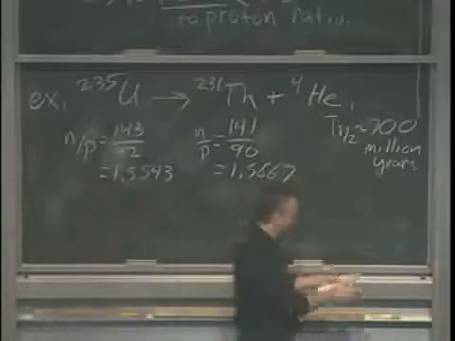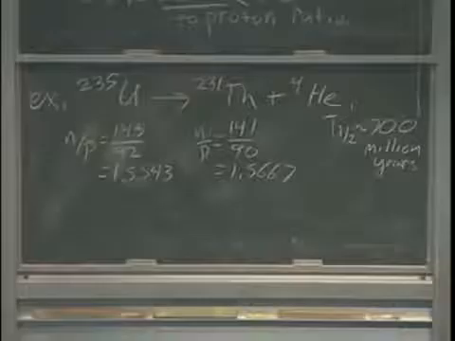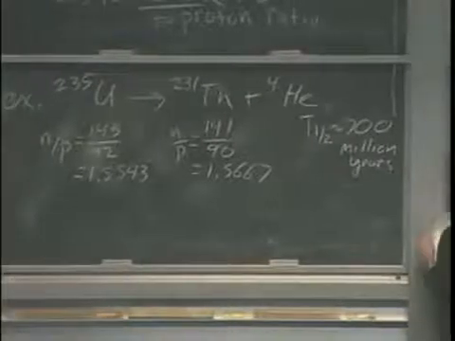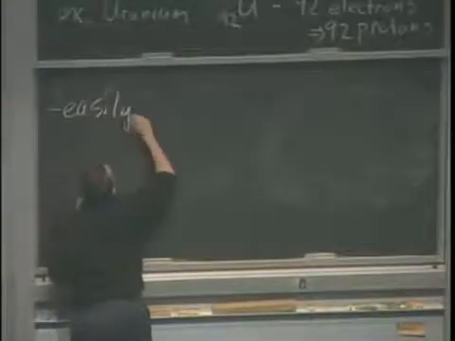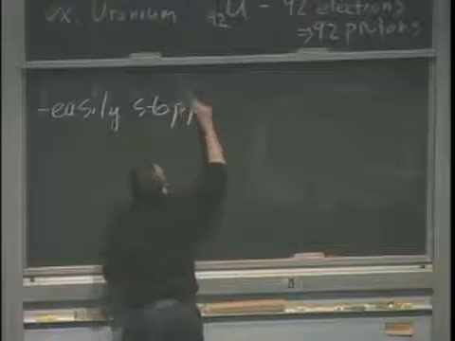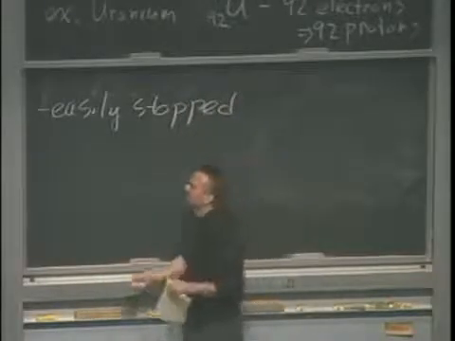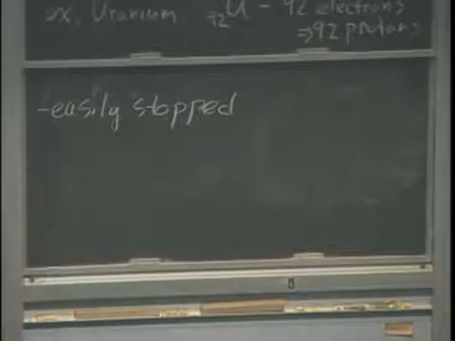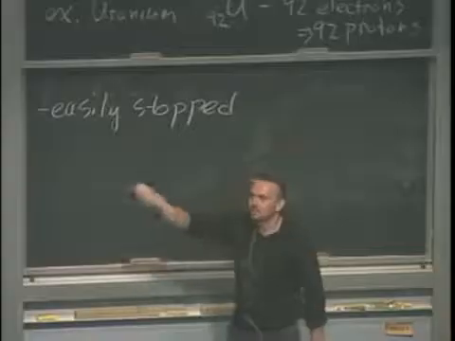Now let's talk a little bit about the characteristics of an alpha decay. This radioactive decay produces this helium nucleus, and that helium nucleus will go shooting out.